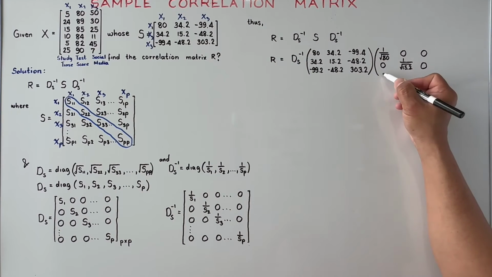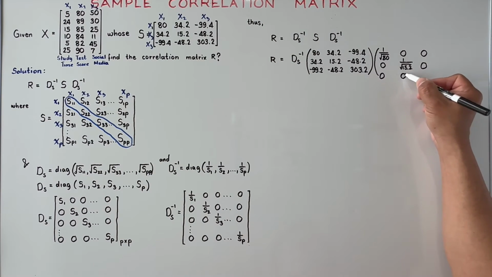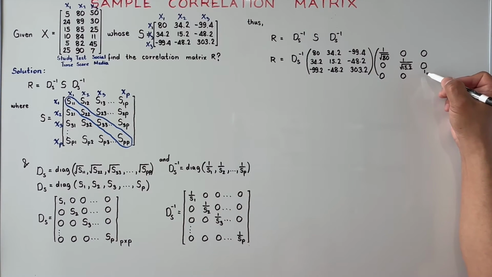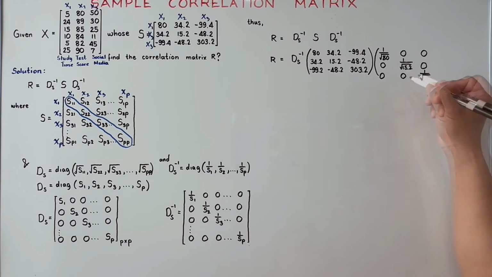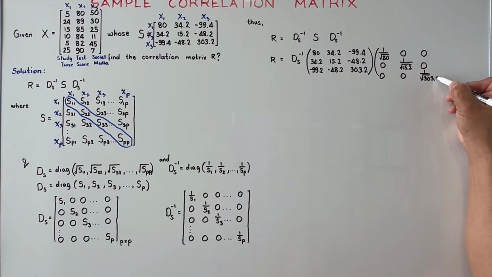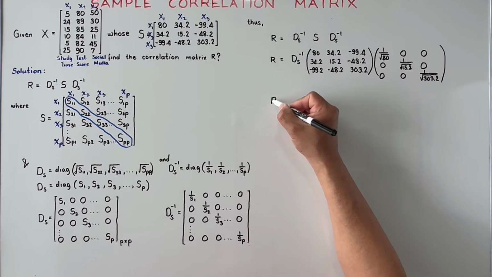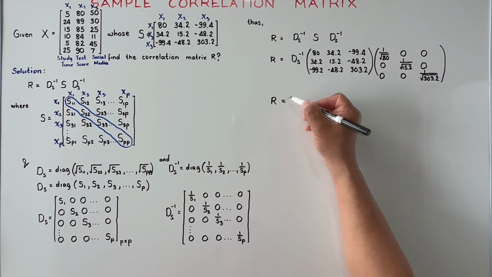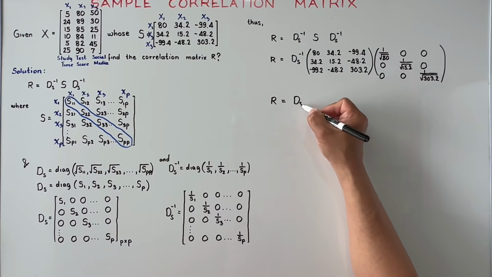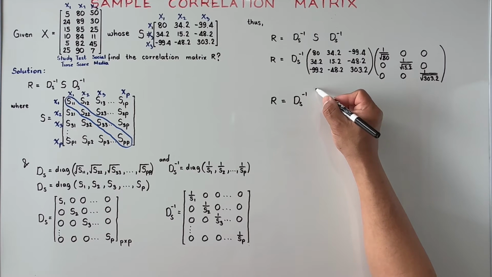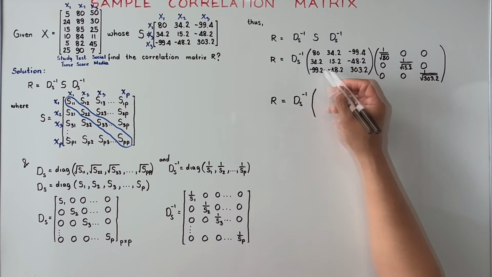And the last row are having zeros except for the last element, which is the reciprocal of the standard deviation of the third variable, which is obtained by taking the square root of its variance of 303.2 there. So our sample correlation matrix, we have DS inverse times the product of these two matrices.